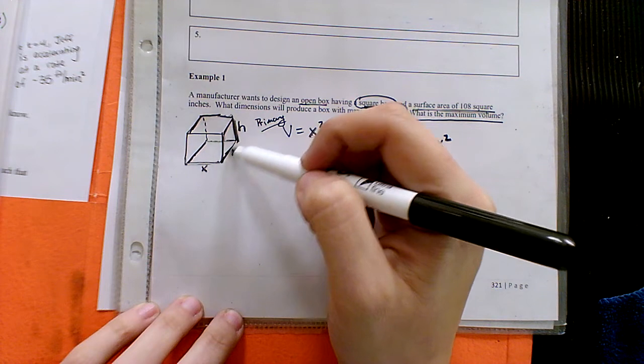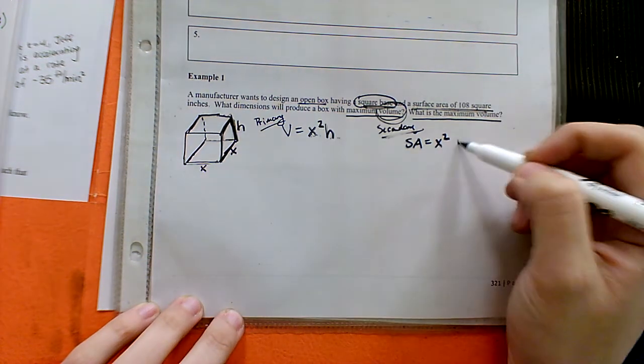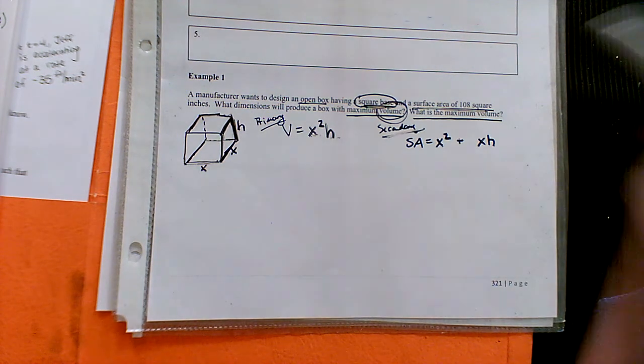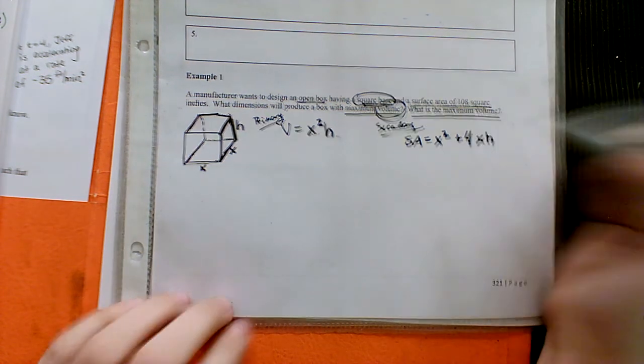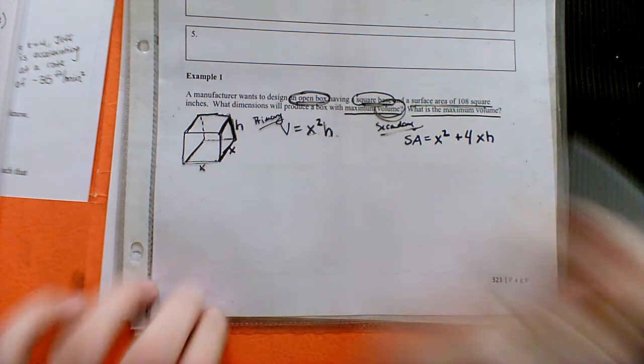The area of one side would be x times h, and if you add 4 of those up, we'd have 4xh. Are we doing okay so far? Yeah? Is the box open at the top? Yep. Open box.